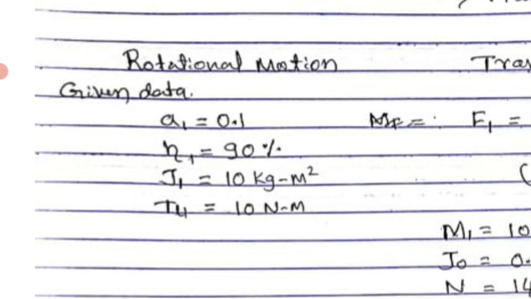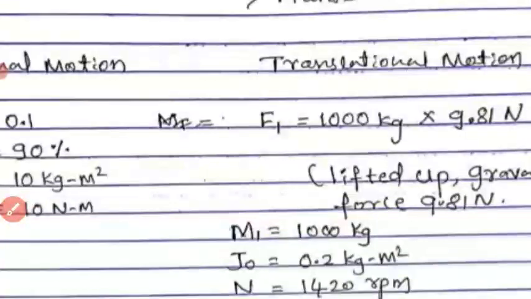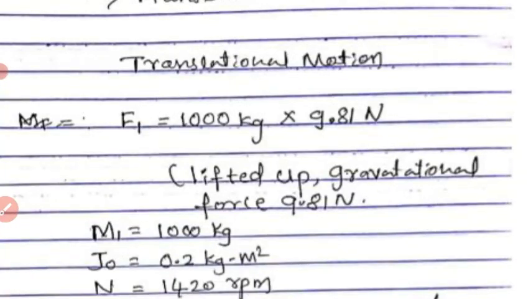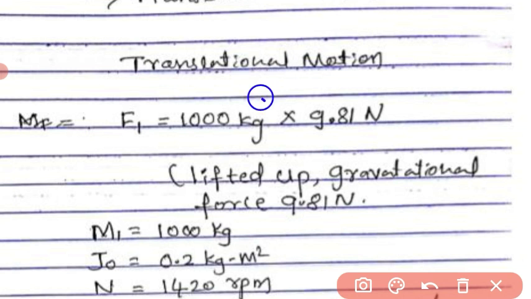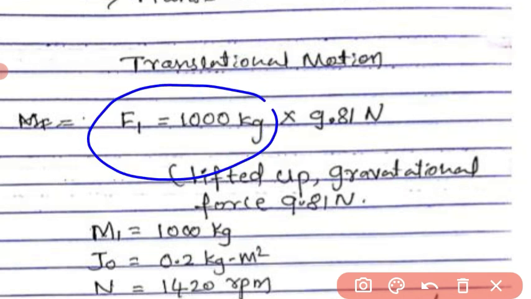And another one is translational motion. Here please note it, the force: 1000 kg we have to multiply with 9.81 Newton, because when the load is lifted up, the gravitational force comes into the picture.